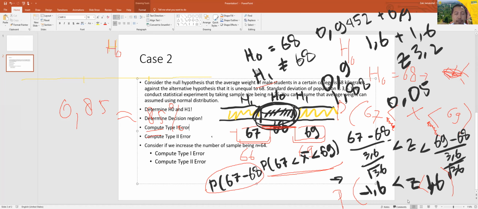Normal, Kaizen kalkulator ya. Mana ini? Kaizen, oke.